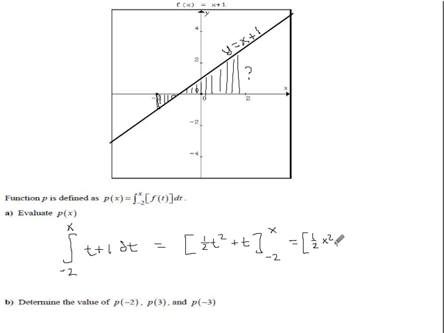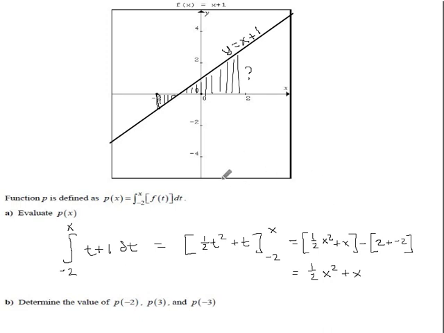We get 1/2 x squared plus x minus, and then we plug in -2. So we get -2 squared is 4, half of that is 2. And then we get plus -2. So 1/2 x squared plus x, and 2 plus -2 is 0, so isn't that nice? That entire second term just drops out.